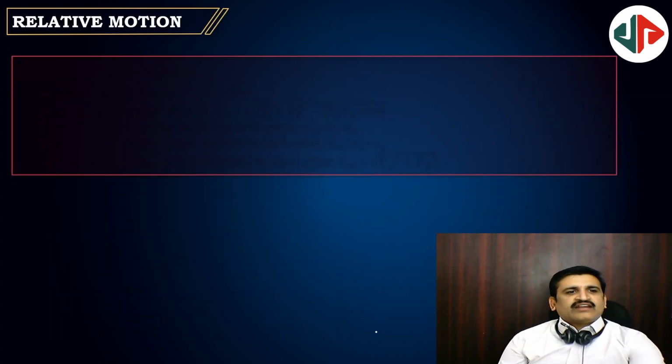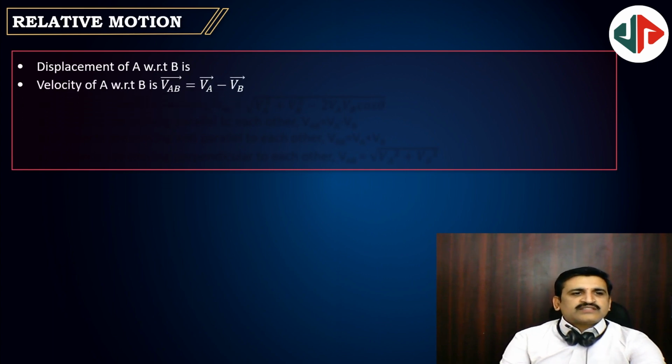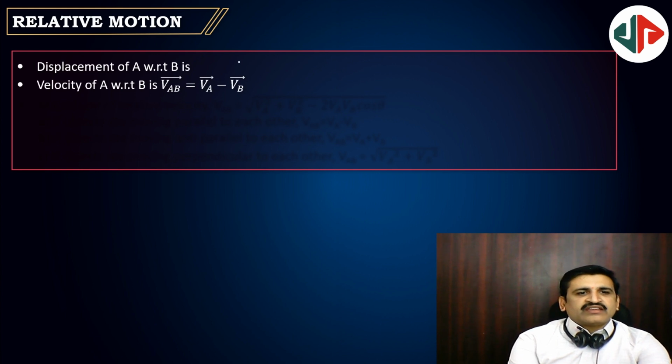Next, relative motion. Displacement of A with respect to B, x A with respect to B, is equal to xa minus xb, like that you have to feel.